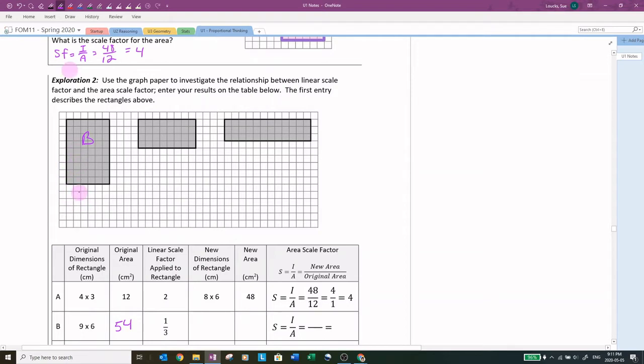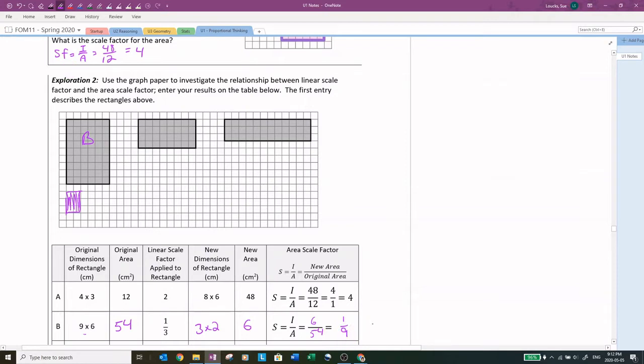So it's going to be 2 by 3, like this. Okay. So I'll write it 3 by 2 so that it parallels big one first and then small one. The new area is 6. And the scale factor is the image over the actual, which is 6 over 54, which reduces to 1 over 9.